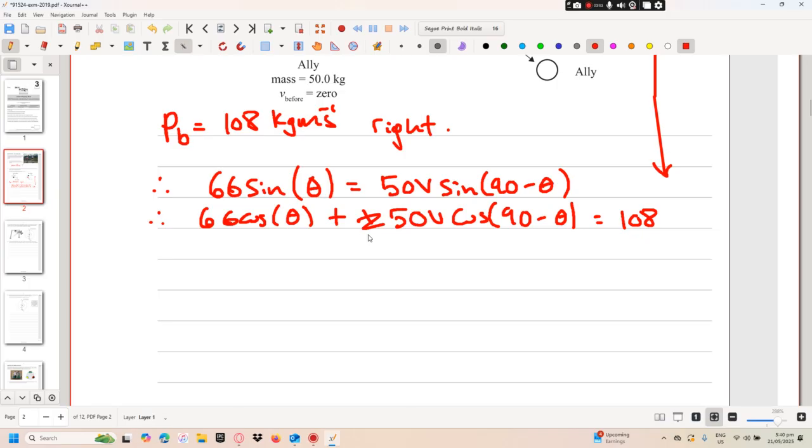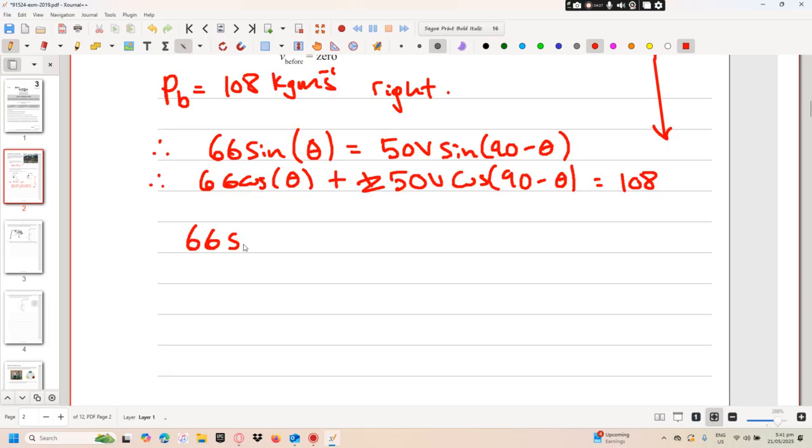What is sine of 90 minus theta? If I go into degrees, sine of 90 is 1. So sine of 90 minus theta is cos theta.